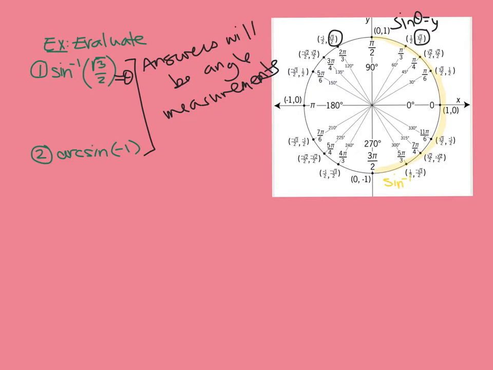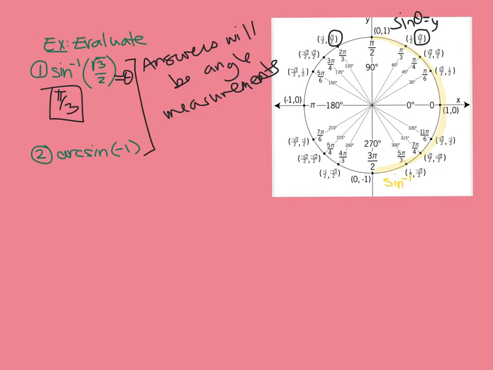We'll do the tangent and cosine in just a minute or two. So, okay, back to this problem. We're looking to see where in this domain the sine of the angle is equal to radical 3 over 2. It does occur at pi over 3, so that's going to be my answer.